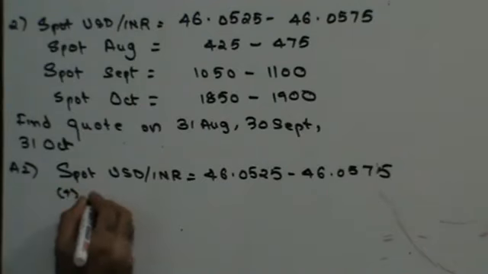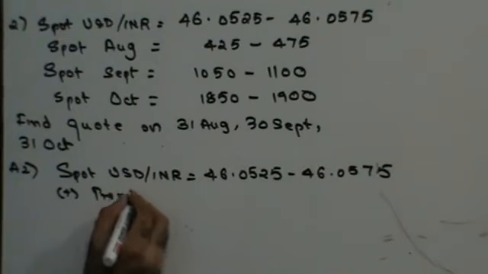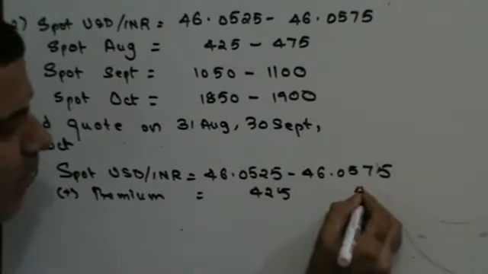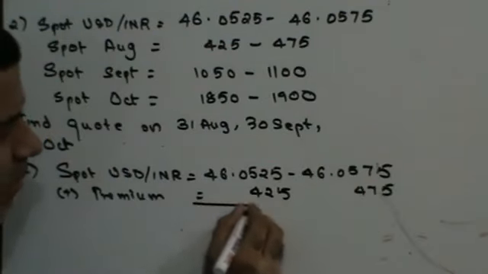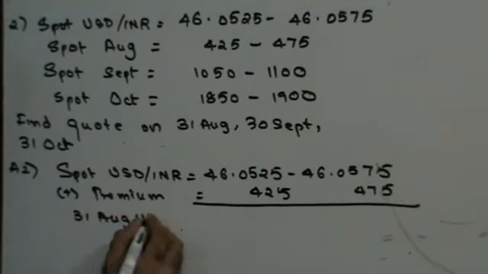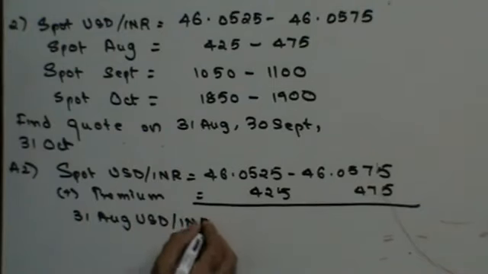So add premium. If I add premium, this is 425 and 475, in which case I will get spot on 31st August. So I will get 31st August USD INR, right?